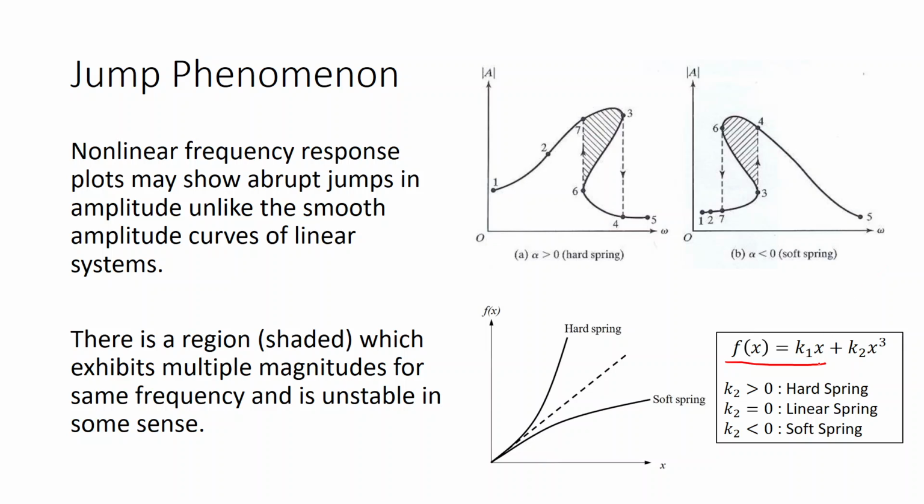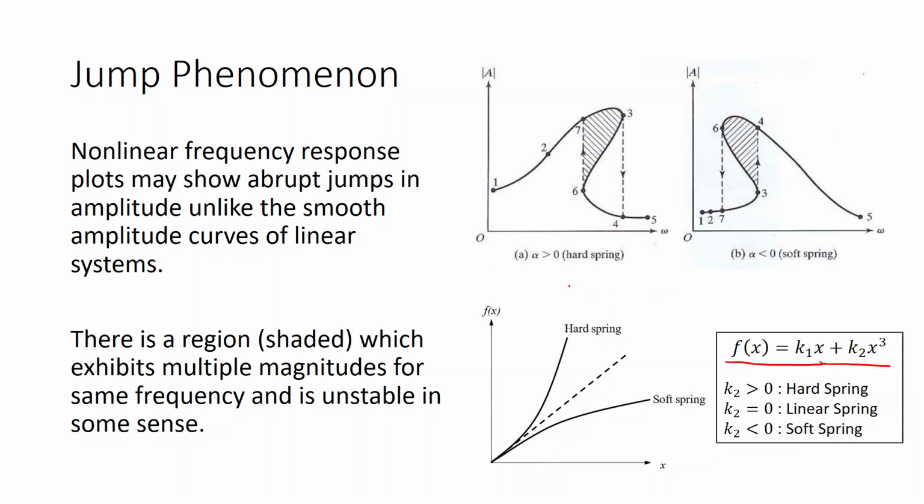However, in general you also have a cubic term, which contributes to the restoring force when the displacement becomes larger. If K2, the coefficient of this cubic term, is greater than 0, it is called a hard spring. If it is less than 0, it is a soft spring. Obviously, if it is equal to 0, it is the linear spring, because this term then vanishes.